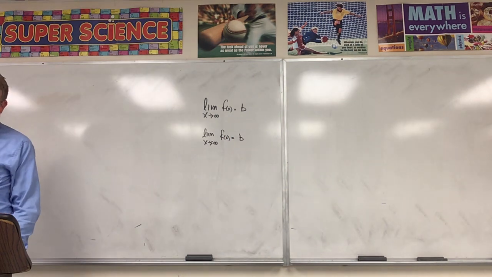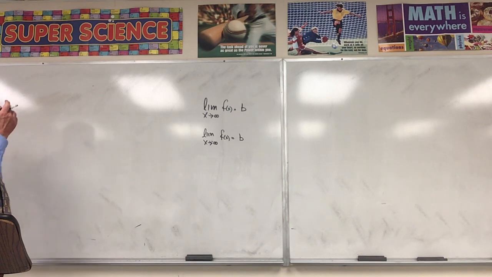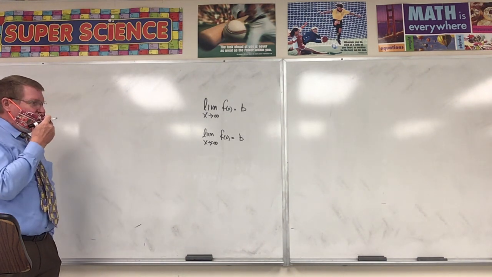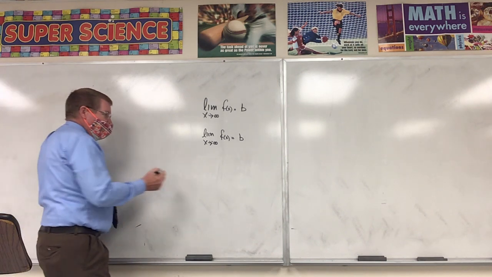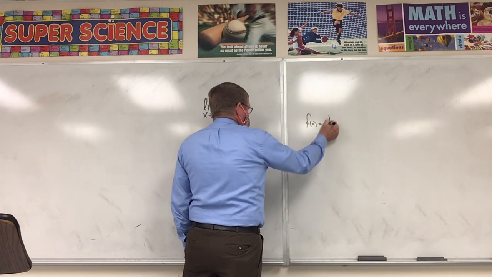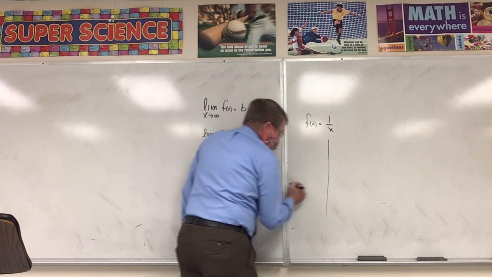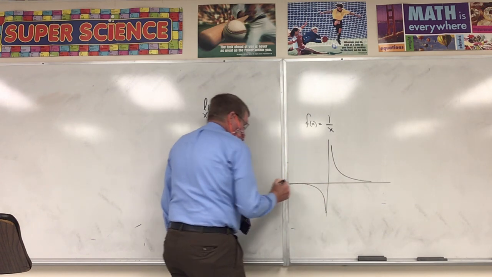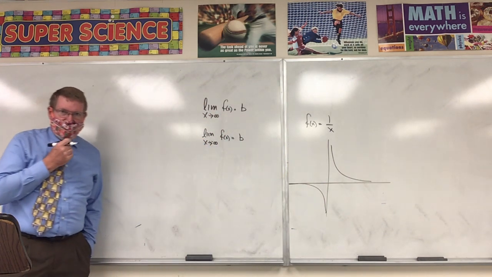Horizontal asymptotes. A horizontal asymptote says that the limit as x approaches infinity of f of x equals b, and the limit as x approaches negative infinity of f of x equals b. So we're going to use our basic function, f of x equals 1 over x. And that's what my function looks like.